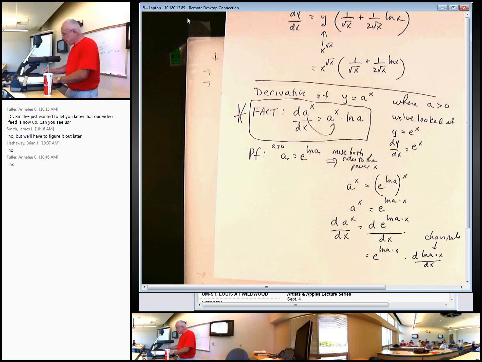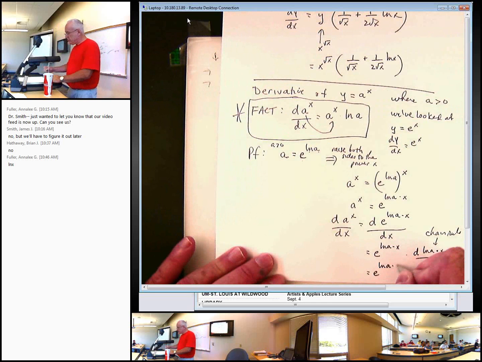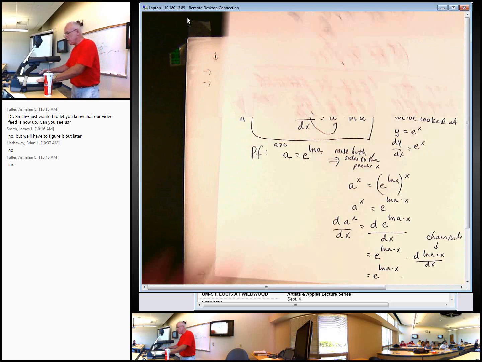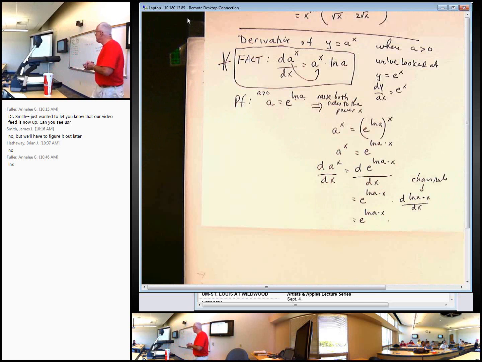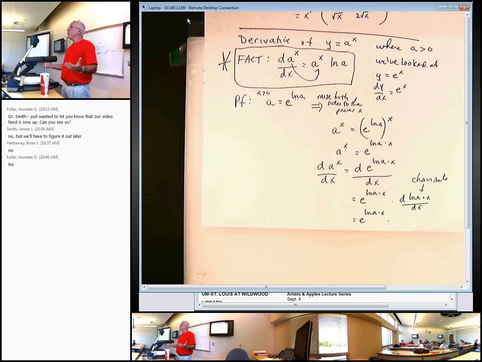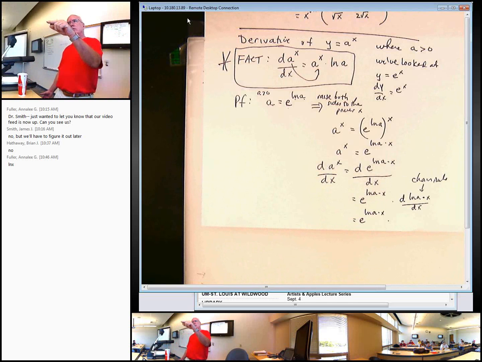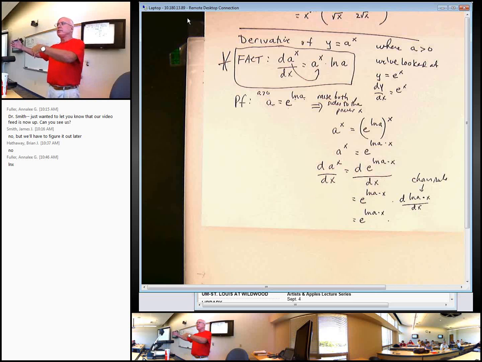All right, let's figure out further what we've got here. E to the ln of a times x, times, well, what's the derivative? The ln of a is just a number. So what's the derivative of the ln of a times x? It's like, we know that the derivative of 5x is 5, right?